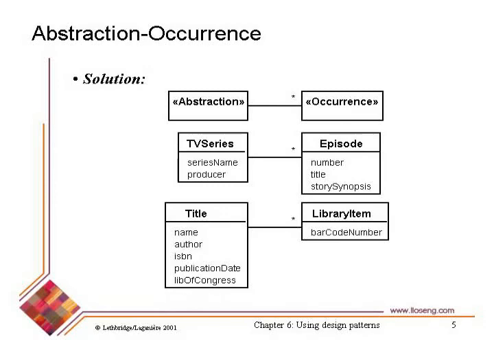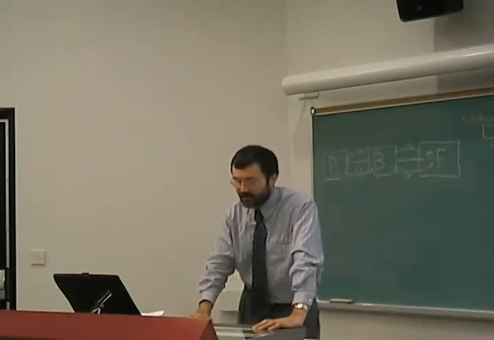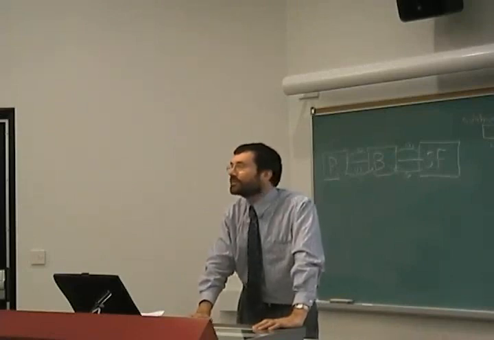The issue here is what if we have a situation where we wanted to model the notion of a show being broadcast. The user requirements say that there are a certain number of shows that have names, producers, and so on, and each show has a number, title, and story. Okay.